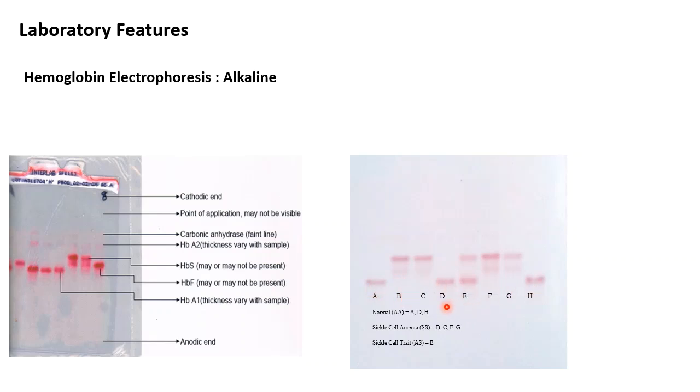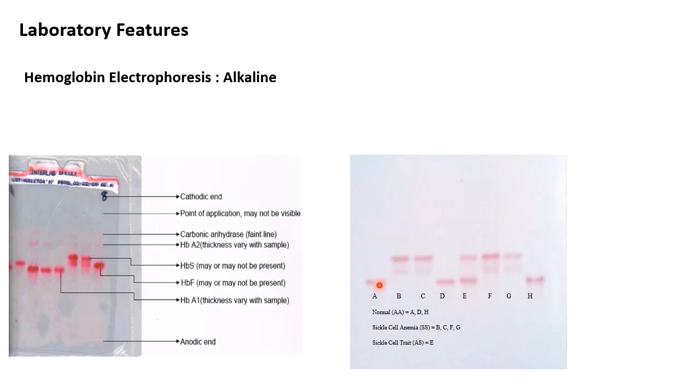If you see B, C, F, and G, there is again only one band, or you can see a minor second band. So the top band corresponds to HbS, while the bottom band corresponds to HbF. If you see this case, E, there are two bands, and one corresponds to HbA and one corresponds to HbS.